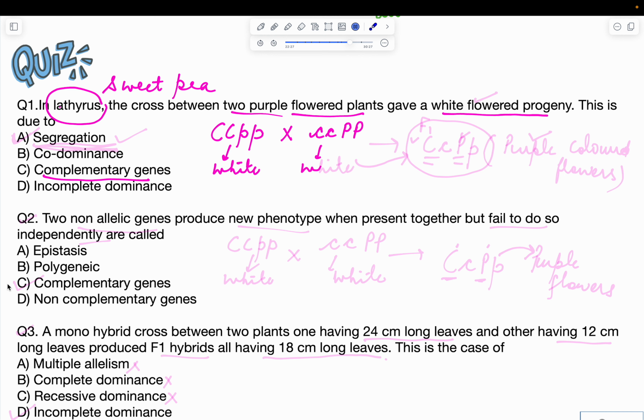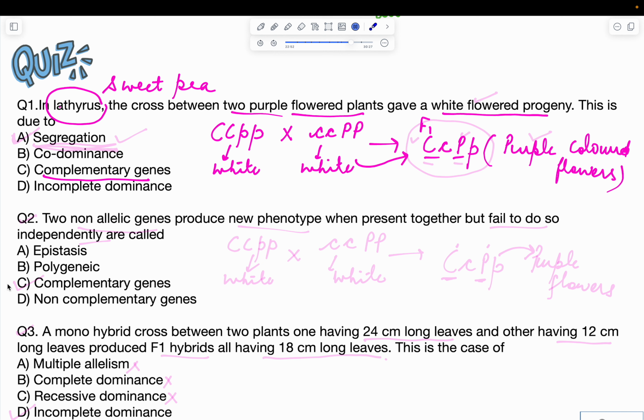You can say they were producing no phenotype, but when a hybrid was produced in the F1 generation, it showed purple colored flowers.